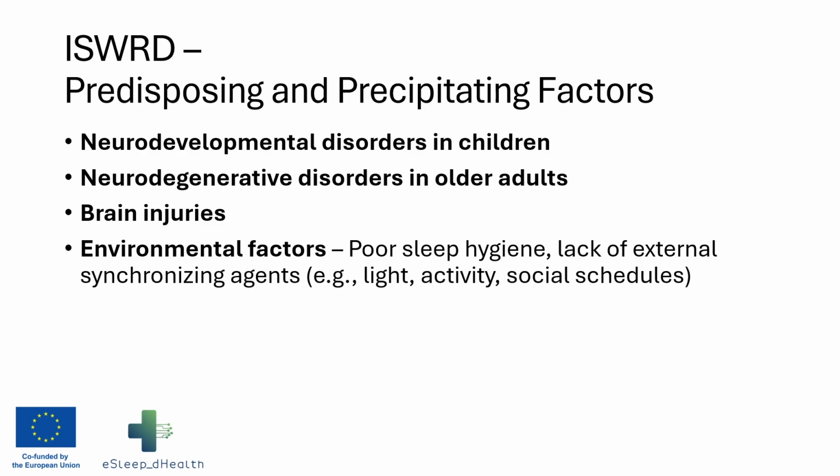Environmental factors may also predispose or precipitate this disorder, such as poor sleep hygiene, poor sleep habits basically, or a lack of external synchronizing agents such as light, activity, or social schedules to cue the circadian system to be awake at certain times and asleep at other times. This is of particular note in institutionalized elderly, who have this problem a lot.